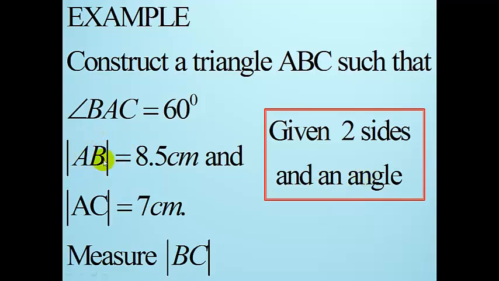The two sides given are side AB, that is 8.5 centimeters, and side AC, that is 7 centimeters. And we are given the angle, that is angle BAC, to be 60 degrees. Angle BAC, that means that the angle is at A. So the angle at A is 60 degrees. Now let's see how best we can construct this triangle given the two sides and an angle.